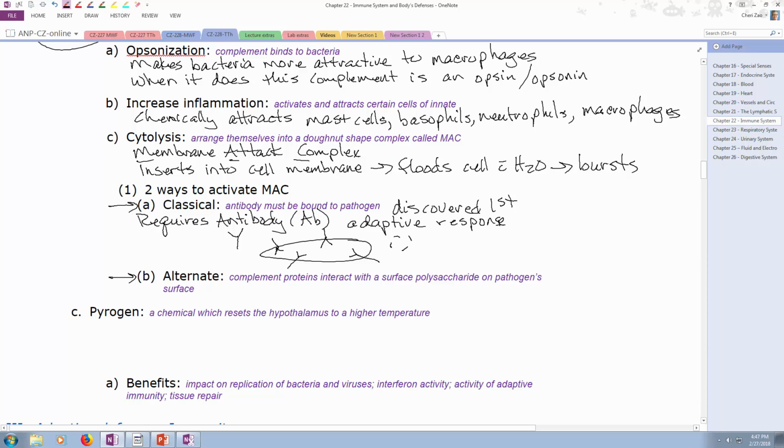The complement proteins are floating around, and when they encounter this antibody-tagged bacterium, they will polymerize and form this circle, and they literally will bore a hole through this cell. This is really important in transfusion reactions.